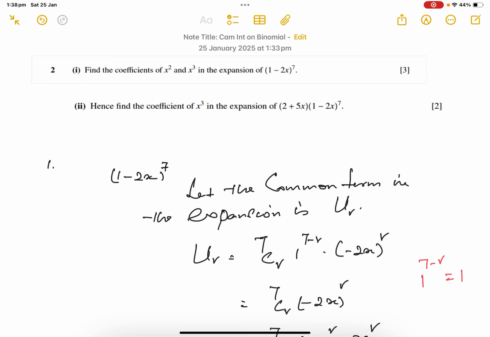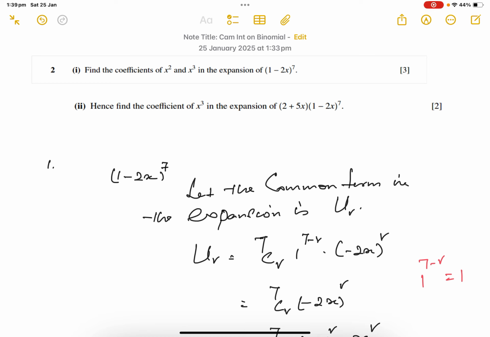The word hence is a huge hint there. The first part will help you out. We need to find x cubed, and we have found x squared and x cubed. The 2 has no x in it, so 2 times the coefficient of x cubed will give us x cubed.